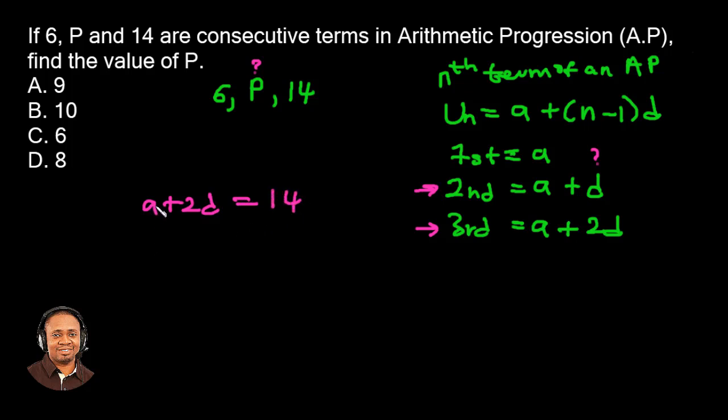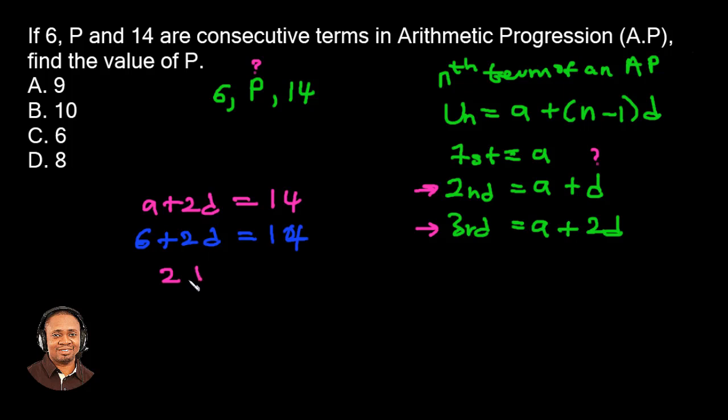So now we come to input the values according to the question. a will be 6, and the common difference we are still looking for. So we can just go ahead and subtract 6 from both sides of the equation.